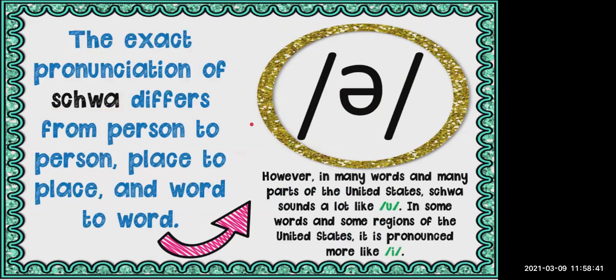And the exact pronunciation of schwa differs from person to person and from place to place and from word to word. However, there are many words and many parts of the United States that schwa sounds a lot like uh, and there are some words in some regions of the United States where it is pronounced more like eh.